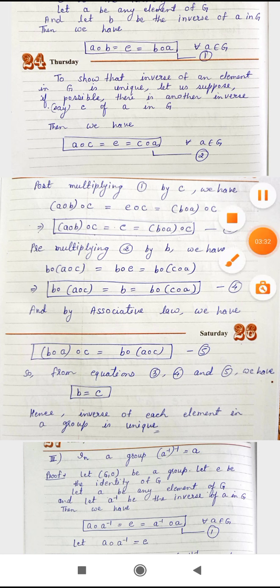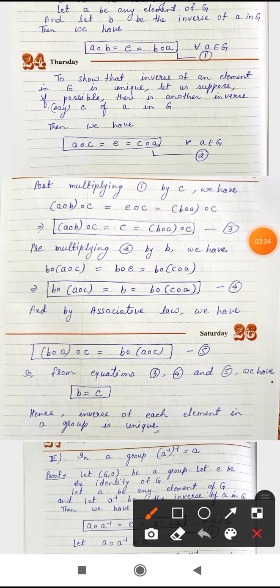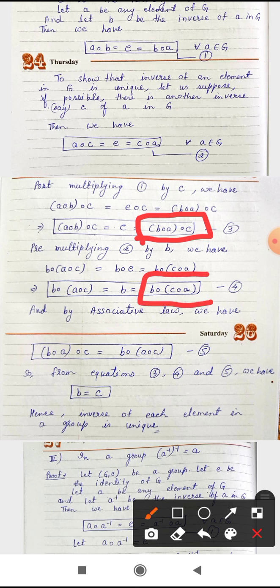Now if we analyze equation 3 and 4, then we will see that this term b operation a operation c, and this term, b operation bracket a operation c, these two follow associative law.